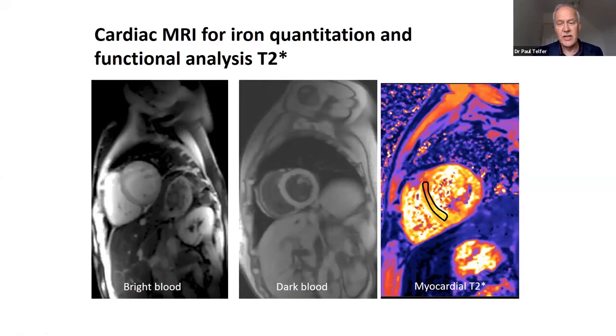This is showing the segment of the interventricular septum, which is sampled. And because iron has paramagnetic properties, it interferes with the magnetic field in a way that can be quantitated, and using this specific parameter seems to be most sensitive to the measurement of relatively low concentration of iron within the myocardium, and is applicable in an organ which is moving all the time, which is beating over a defined cycle. Next slide, please.